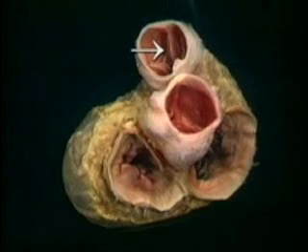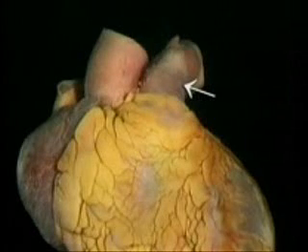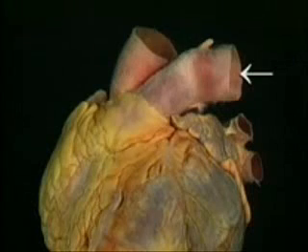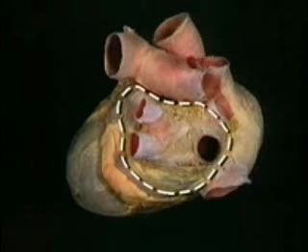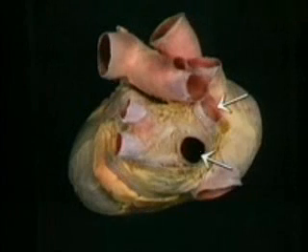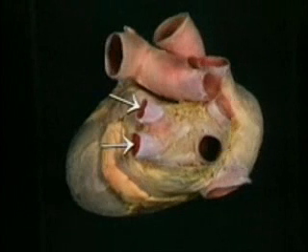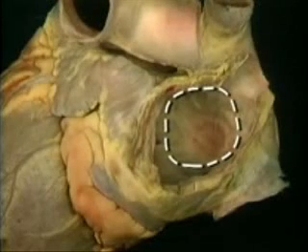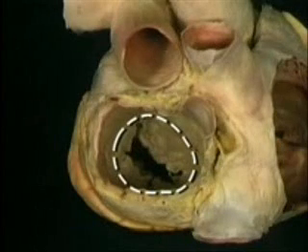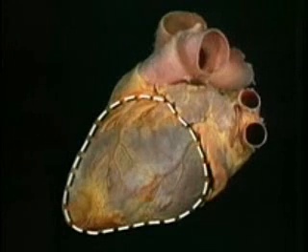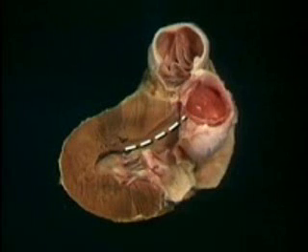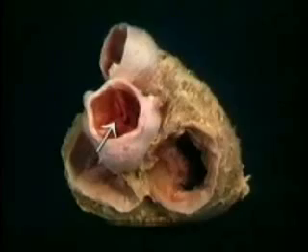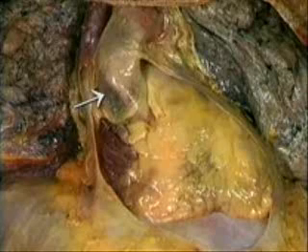Here's the pulmonary valve, and the pulmonary trunk, branching into the left pulmonary artery and the right pulmonary artery. Here's the left atrium. Here are the pulmonary veins, right and left. Here's the interatrial septum again, and the mitral valve. Here's the left ventricle, the interventricular septum, the left ventricular outflow pathway, the aortic valve, and the aorta.